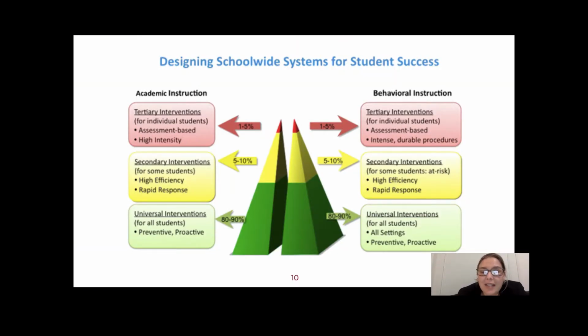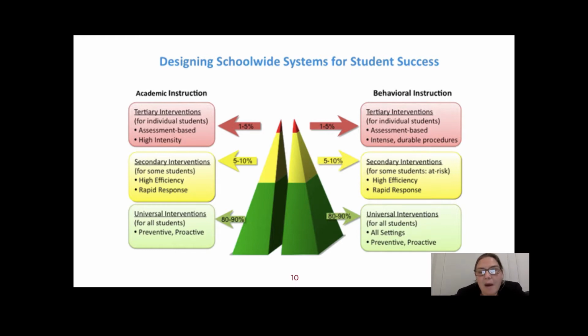In earlier slides, we discussed that these can be used for both academic and behavioral instruction. Again, at the bottom, we have about 80 to 90% of students who can be served through universal supports. Moving up, we have about 5 to 10% of students who might need additional supports.